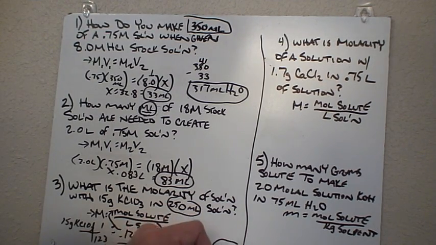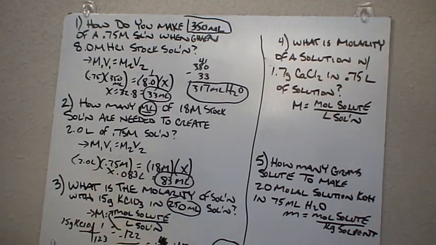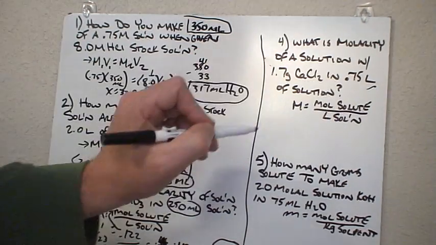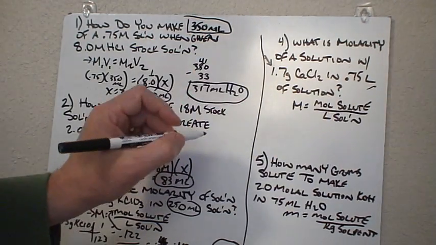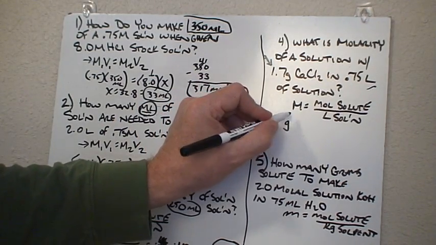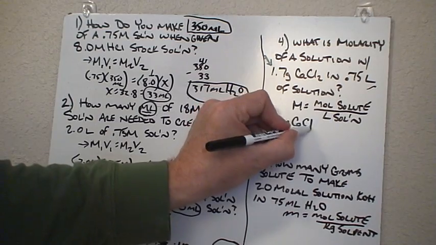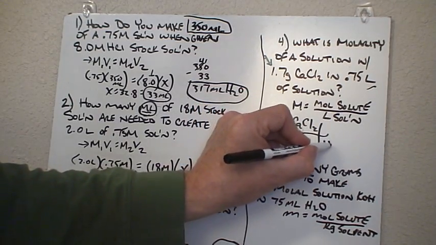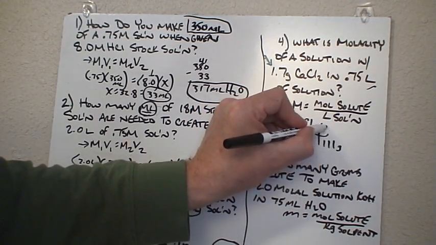The label on that is capital M for molar. Now we take a look at the next problem. It is in liters, so I just have to convert my grams. So 1.7 grams of calcium chloride, and the formula mass on calcium chloride is 111 grams per mole.